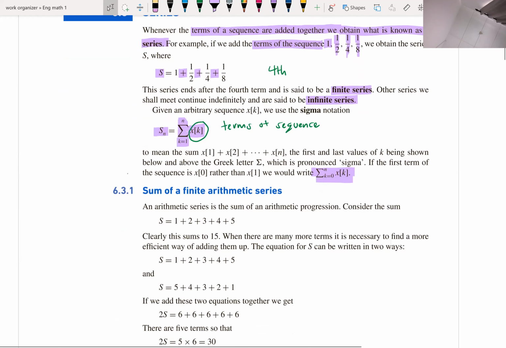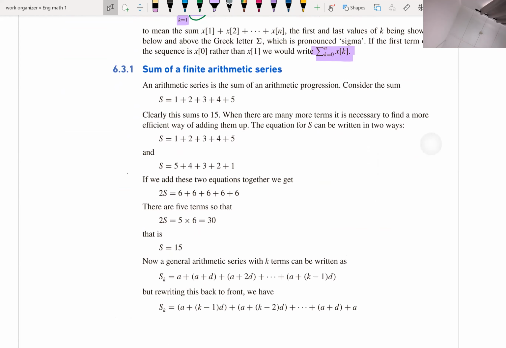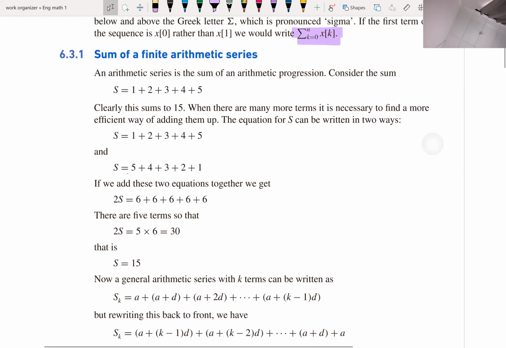Then, sum of finite arithmetic series. Arithmetic is about addition, so what we have to do is we just add.